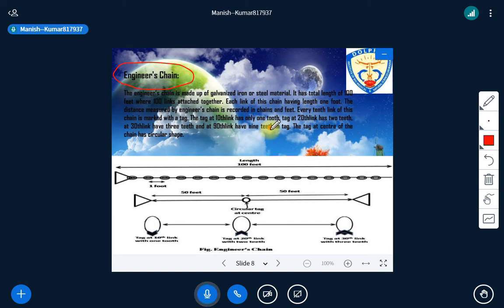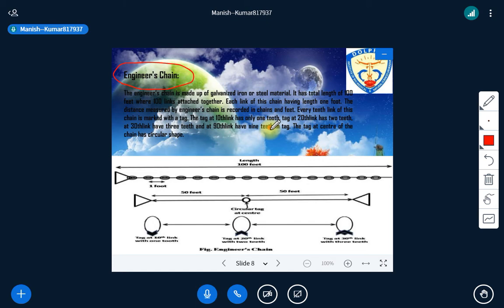It means each link has a length of 1 foot. Here, when you are measuring distance using this chain, you have to record every measurement in feet.